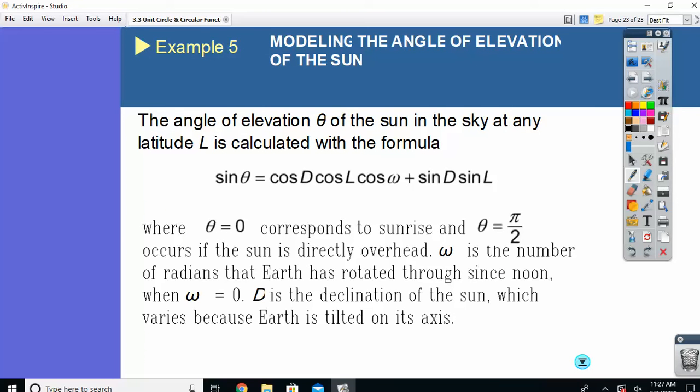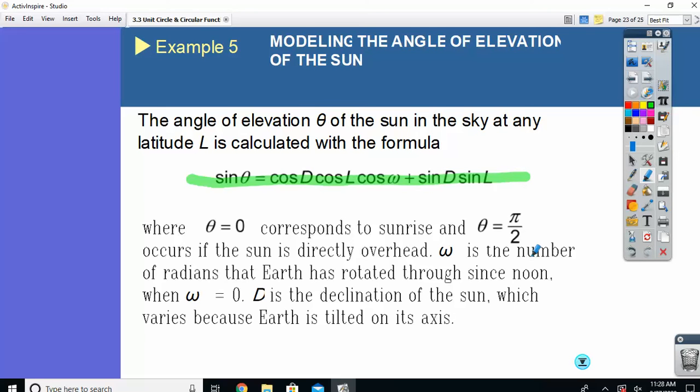Let's look at a nice, pretty problem. You probably don't want to copy this whole thing down in your notes, but let's go through and pick out what's important. So the angle of elevation, theta, of the sun in the sky at any latitude L is calculated with this formula. So our formula is probably important. If you're jotting something down, I would write that formula down.